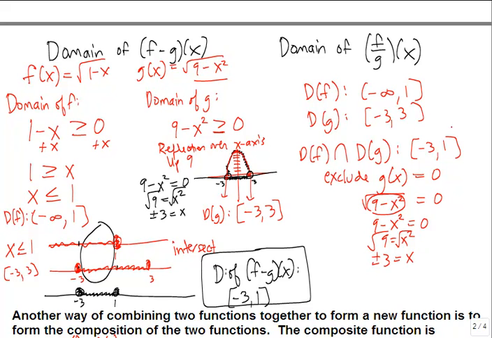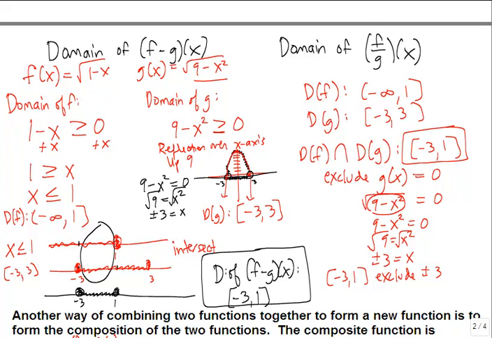So we want to take our intersection, which was up here, -3 to 1, and exclude plus and minus 3 from that. Well, +3 is not even included, so it's already excluded from that intersection. But -3 is this endpoint, and right now we have it included because we have a bracket.